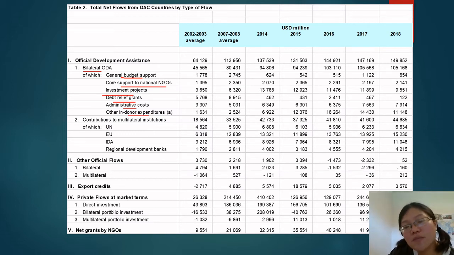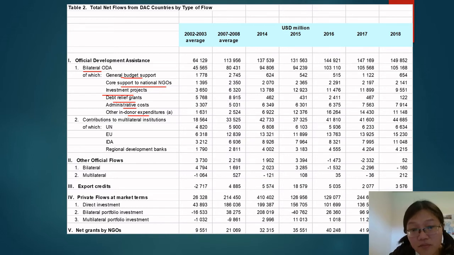In-donor expenditures basically means when you support refugees or migrant workers from other countries in the donor countries themselves. For example, the United States supporting Afghan refugees in the United States, those amounts are actually counted as official development assistance.